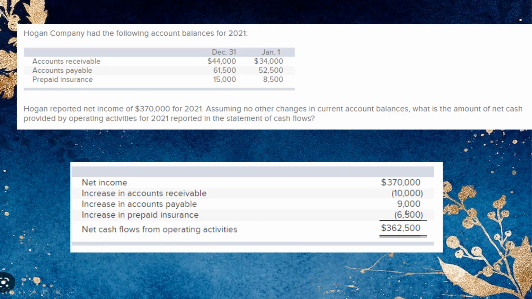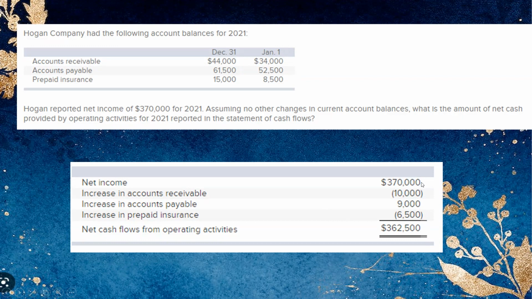Then our prepaid insurance. So our prepaid insurance increased by $6,500. That means we paid the insurance company an extra $6,500 that has not been expensed out yet. Cash went out, but the expense was not reflected in this $370,000. That means we need to reduce it by the $6,500 because that cash did leave, even though it hasn't shown up here yet.